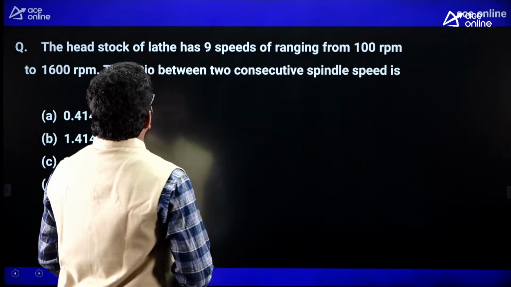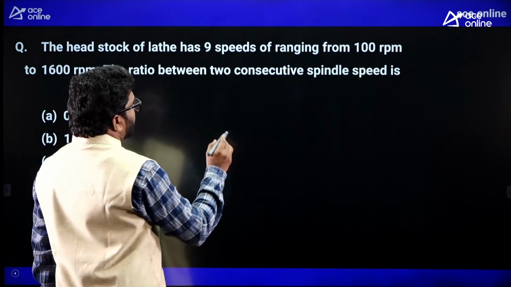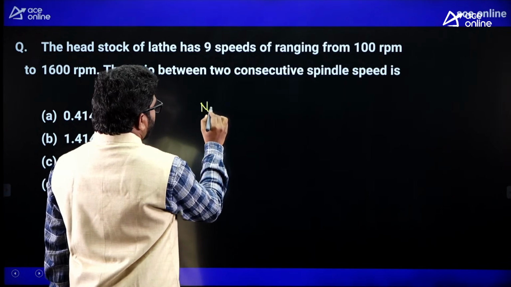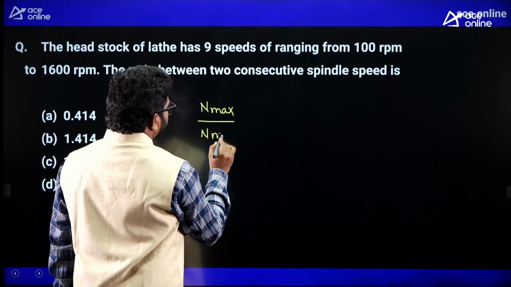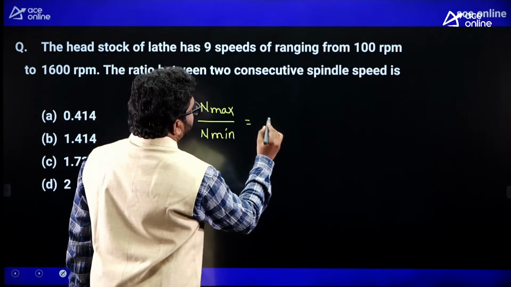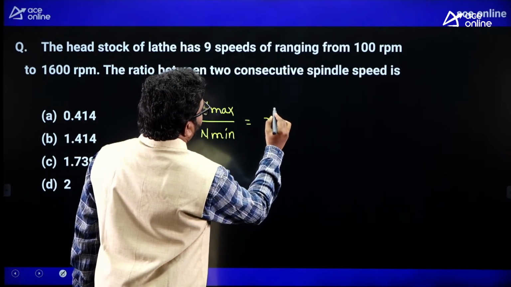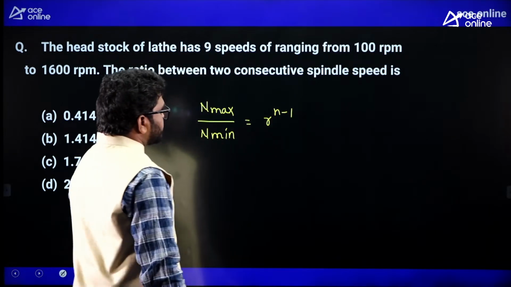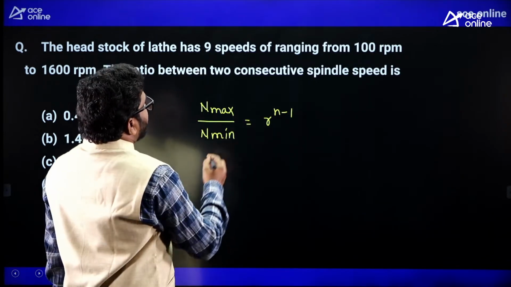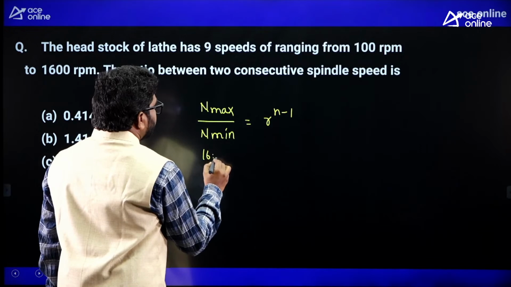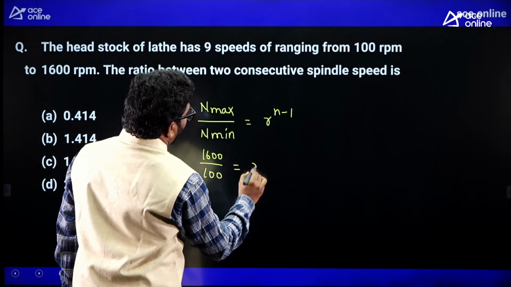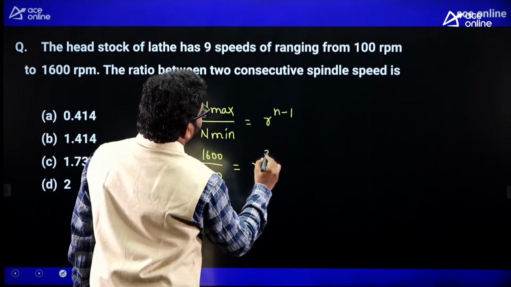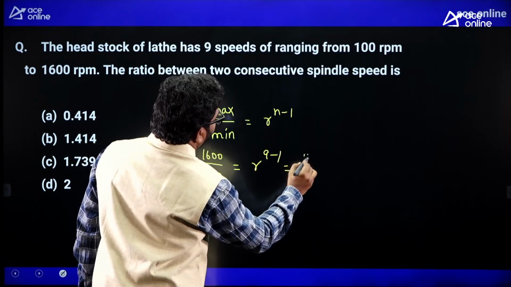Now, here you should remember one important formula: the maximum to minimum speed ratio follows a geometric progression, N max over N min equals r power n minus 1. Here N max is 1600, N min is 100, that is equal to r power 9 speeds minus 1, so r power 8.